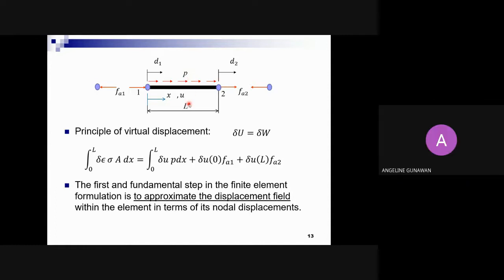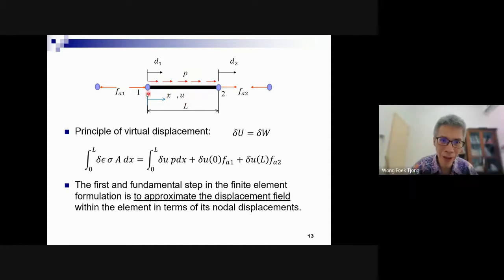And one more thing, about the direction of the arrow of FA1 and FA2. This is the element, and this is the joint, the structure joint. Of course, this is action reaction. So we see just the element. We assume in our derivation all to the right, because to make it easy in our derivation, all the same direction.